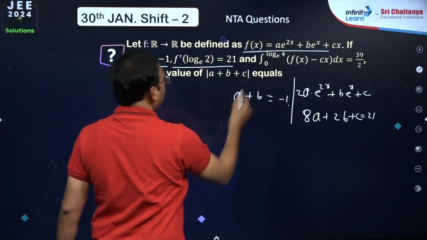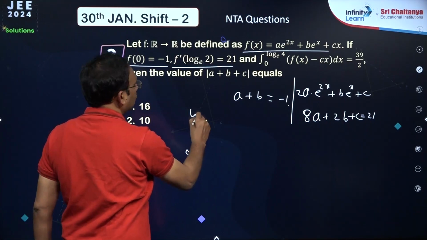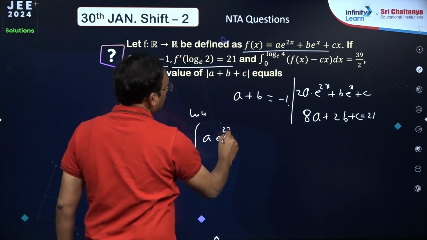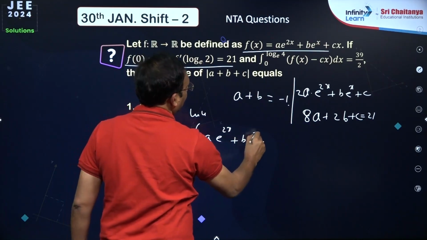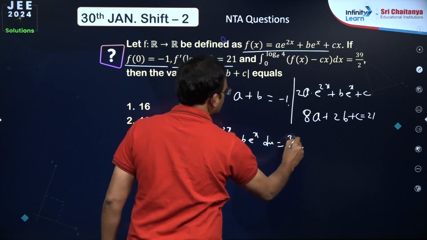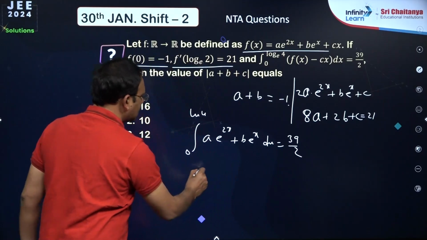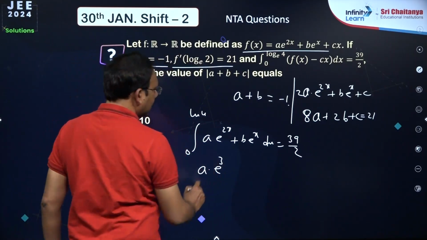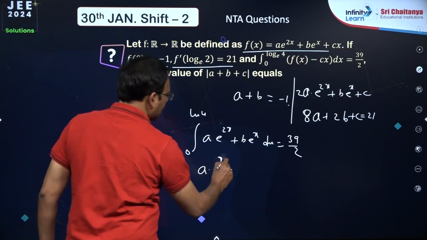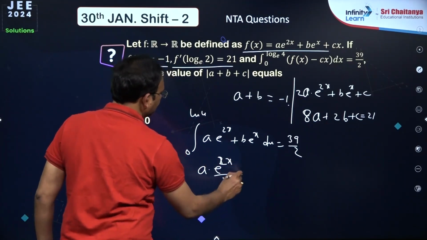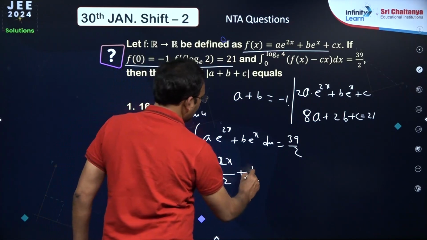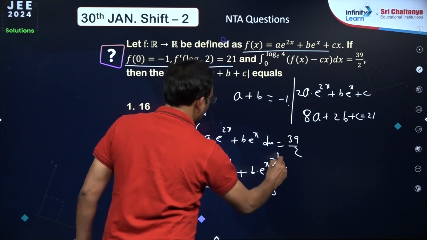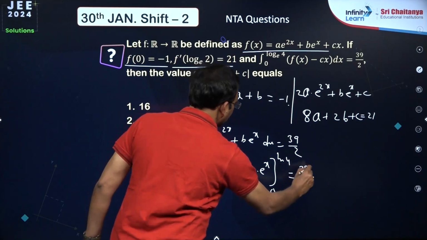I just want this, my dear friends: integral 0 to ln 4, f of x minus cx, meaning a e power 2x plus b e power x dx. This value is 39 by 2. This integral is very easy. The integral of e power 2x is e power 2x by 2, plus b into the integral of e power x, which is e power x, between the limits 0 to ln 4, is going to be 39 by 2.